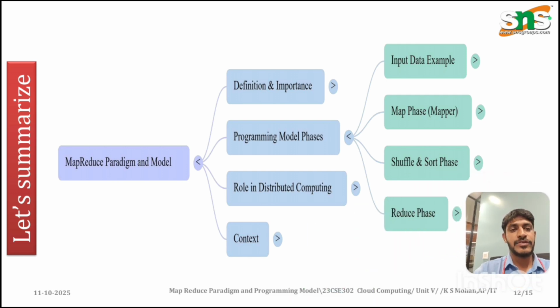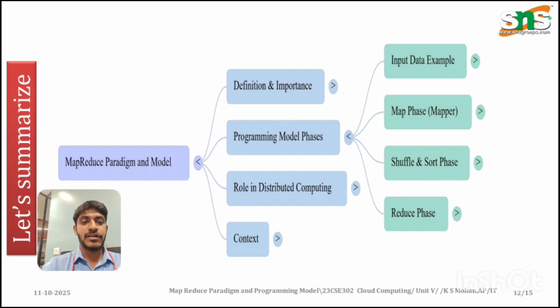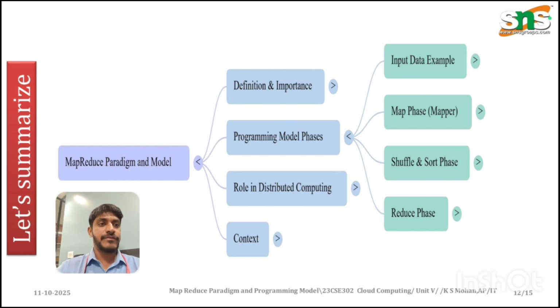Let's start with the MapReduce programming model. We have discussed the definition and importance, programming models, the roles in distributed computing, and the different contexts. The input data is given as an example, and the map phase splits the huge values into small ones. The shuffle and sort phase helps reduce unwanted data and the time taken to complete the task.